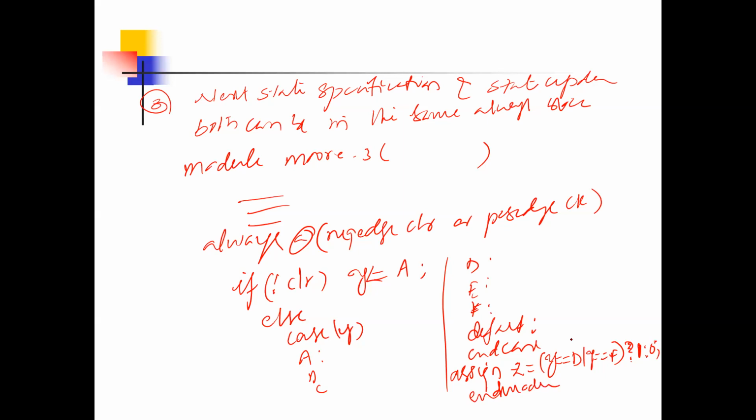In the last statement, the output equation, everything is kept in only one procedure block. I use a conditional statement here: assign z equals the logic; if the logic is true, z is 1, otherwise 0. So this is the design of the Moore state machine. I hope you understand, everybody.